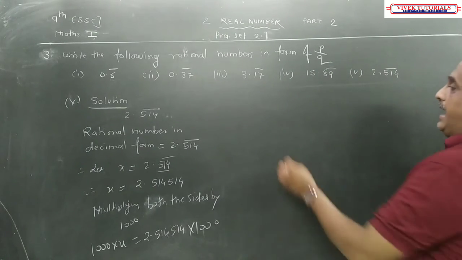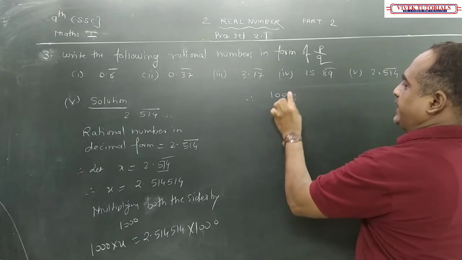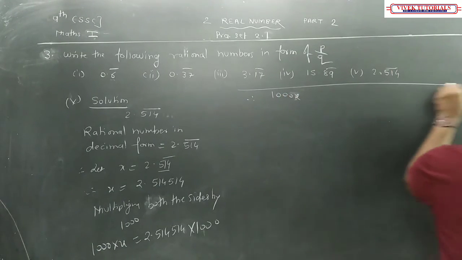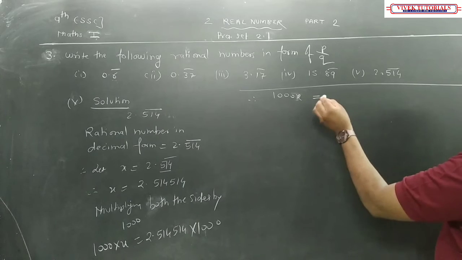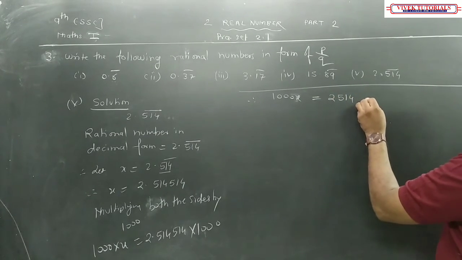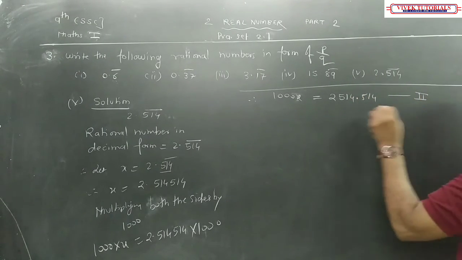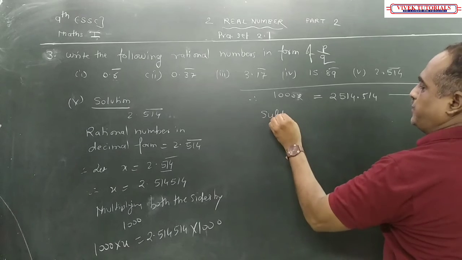So I get therefore 1000x is equal to 2514.514, equation 2.